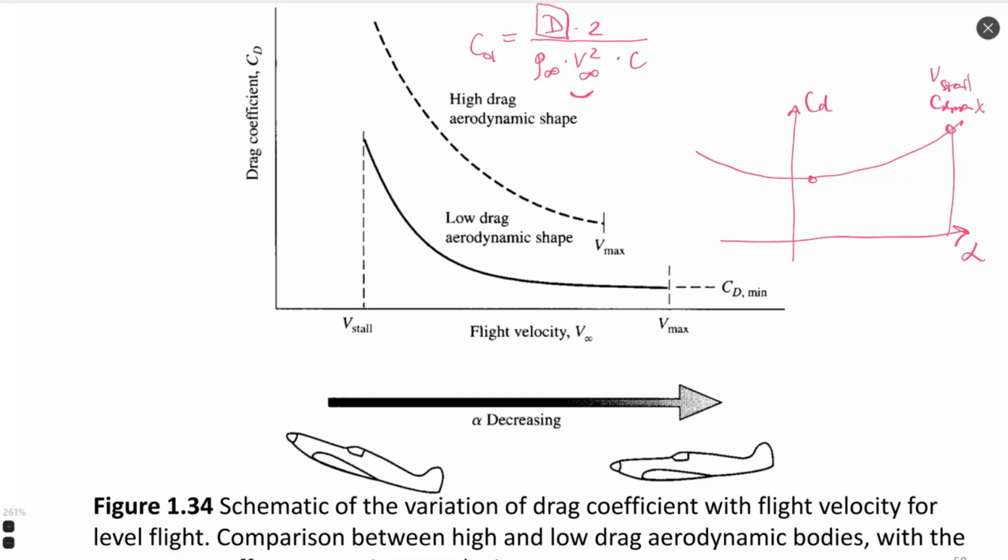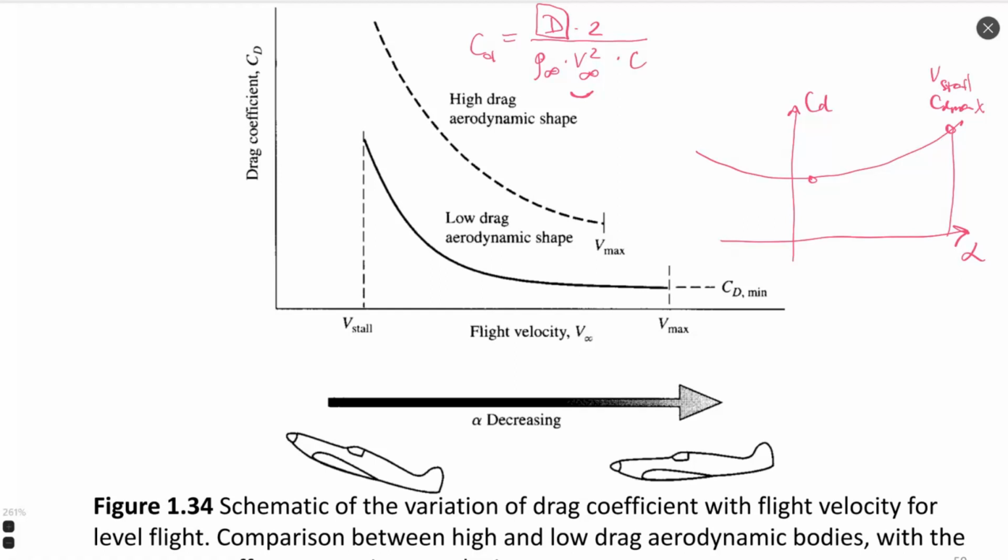But when you try to fly a supersonic jet at subsonic velocity, it is not well optimized for subsonic velocity and can be considered a high drag aerodynamic shape. And there are low drag aerodynamic shapes, for example, nicely profiled airplanes, created for laminar flow or for long range, very efficient gliders that are considered low drag aerodynamic shapes that have much smaller values of drag.